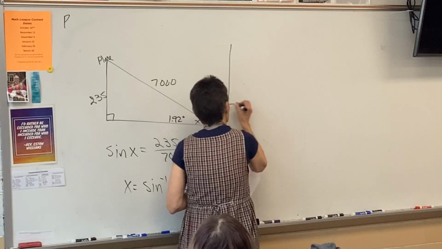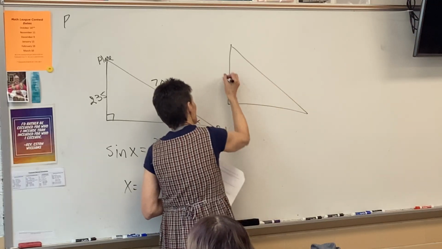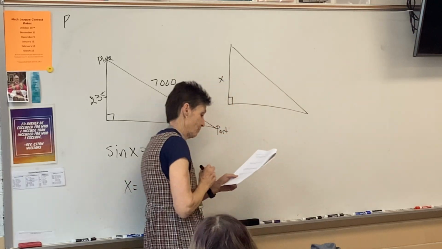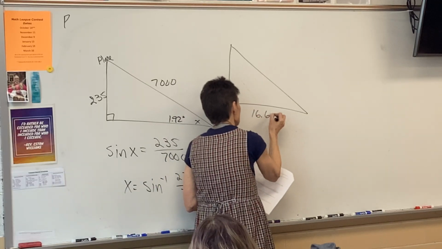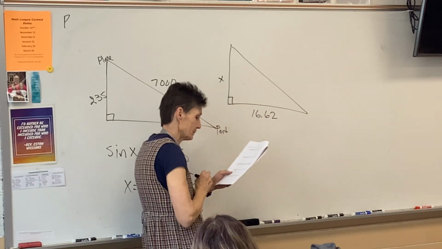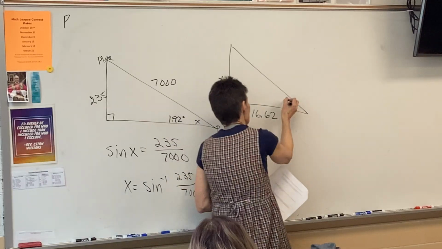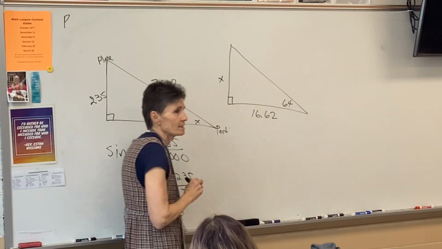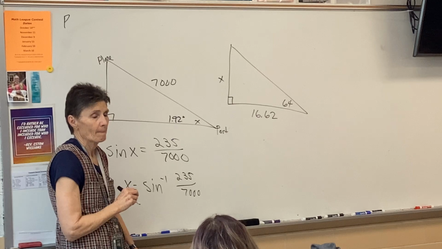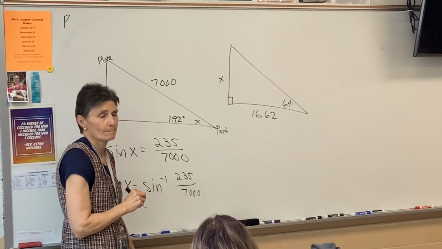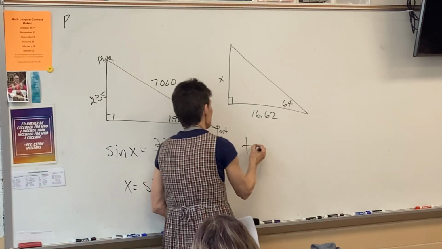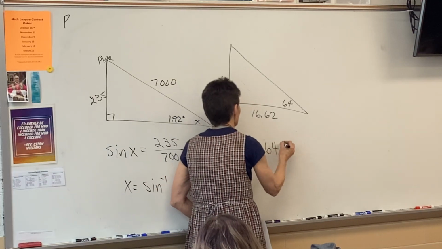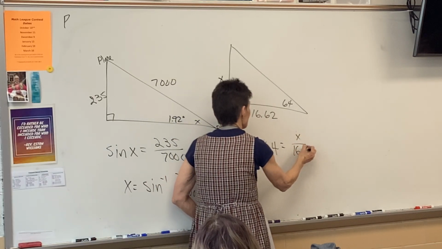Find the height of a flagpole that makes a shadow 16.62 feet long when the angle of elevation is 64 degrees. Tangent 64 equals x over 16.62.